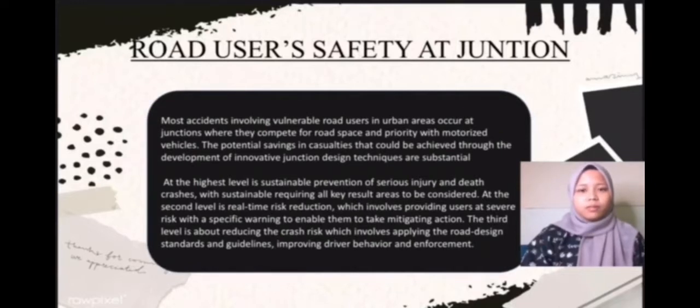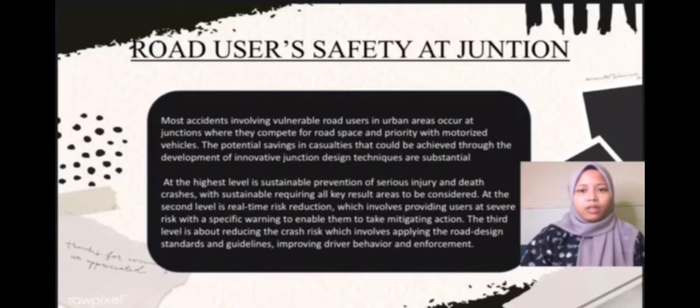substantial. At the highest level is sustainable prevention of serious injury and death crashes, requiring all key result areas to be considered.